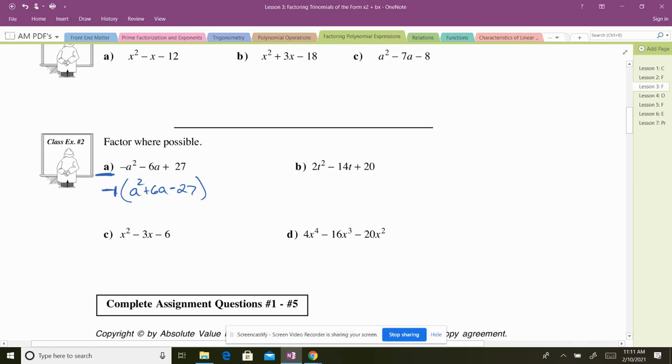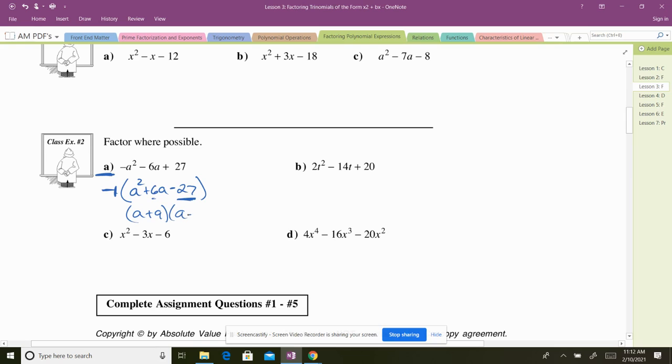Now that it's a positive number in front of the a squared, we can factor it as before. So what multiplies to -27 and adds to 6? What is it? 9 and -3.